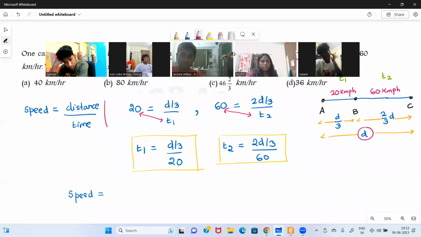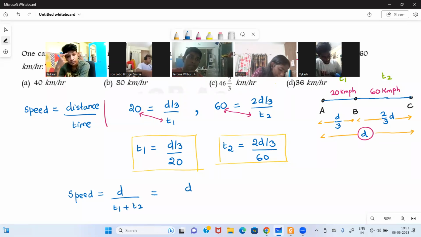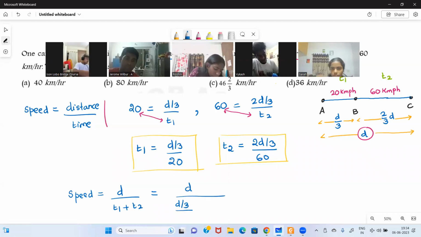Total distance traveled is D, divided by the total time taken. What is the total time taken? It is nothing but T1 plus T2. So it is D divided by T1 plus T2. What is T1? D by 3 divided by 20 plus 2D by 3 divided by 60.